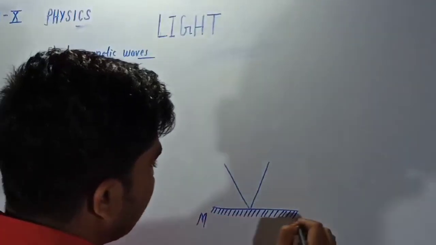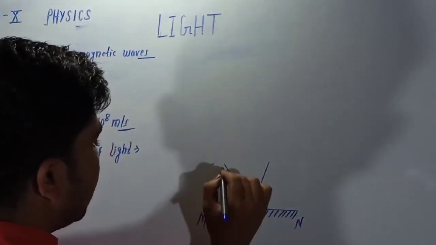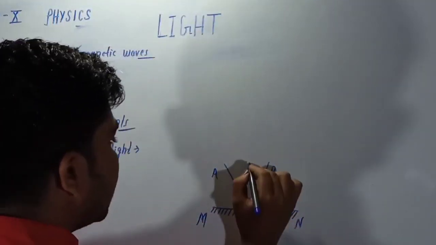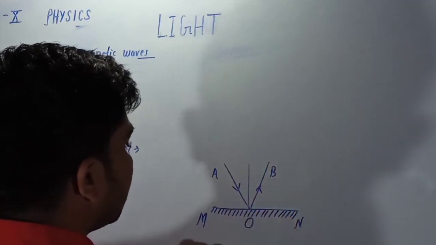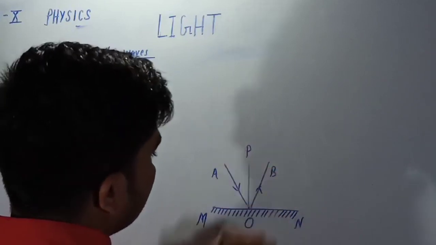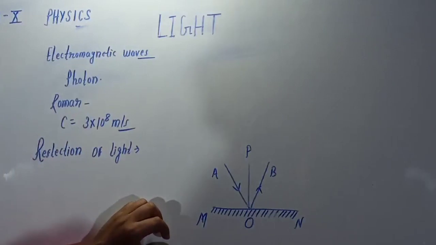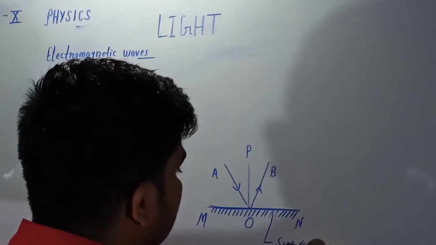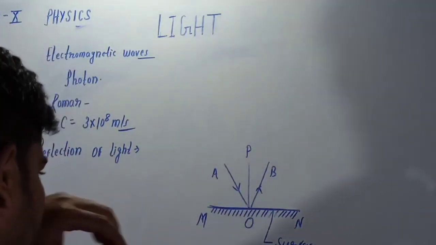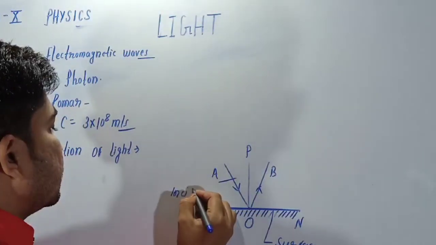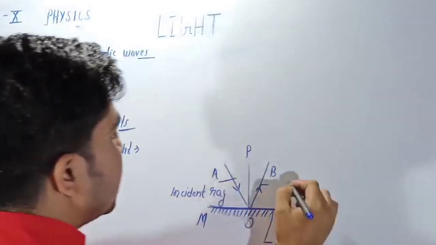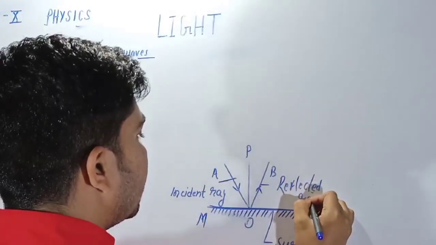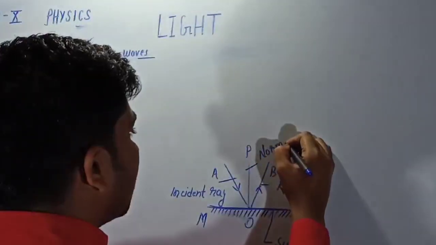We are naming the mirror M, N, and this is the incident ray of light, that is A, and this is O, and this is the reflected ray of light, that is O and B, and this is the P. So in this figure you can see, this is known as the surface, or simply any mirror, any object, and this is the incident ray of light. This one is the reflected ray, and this one is the normal.